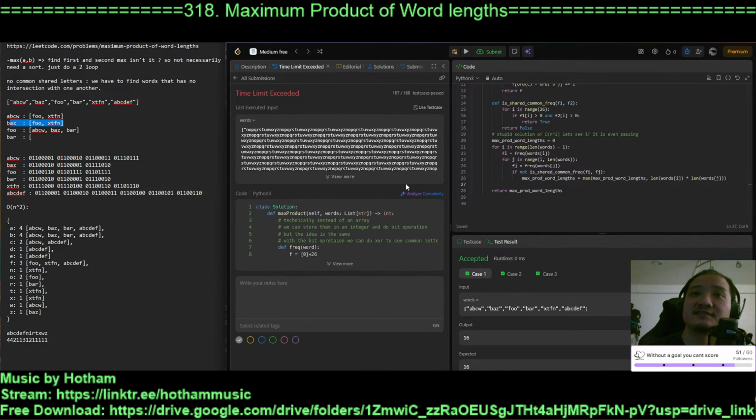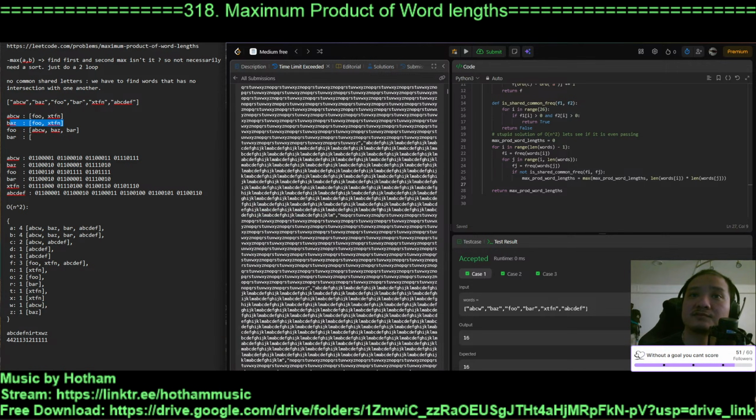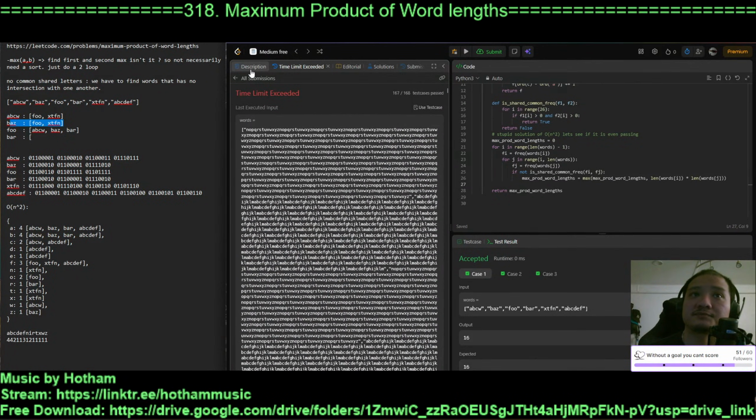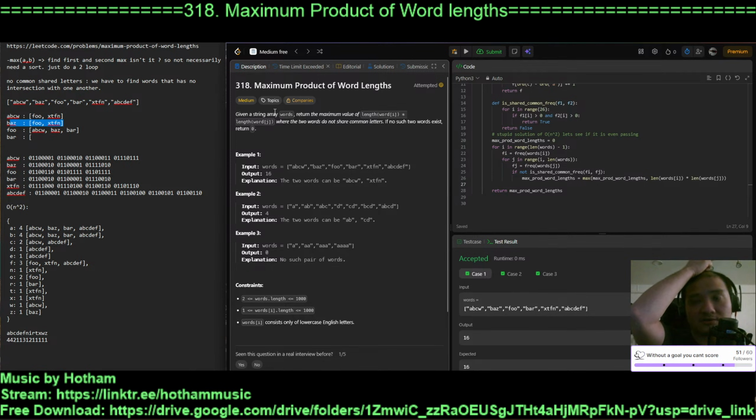Because time limit exceeded. I knew it. Because this is basically O(N squared), which is not good. Must do better. But how, I don't know yet.